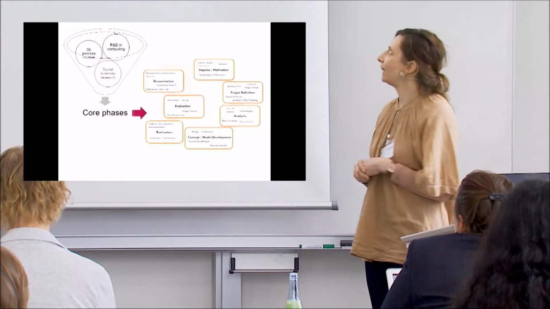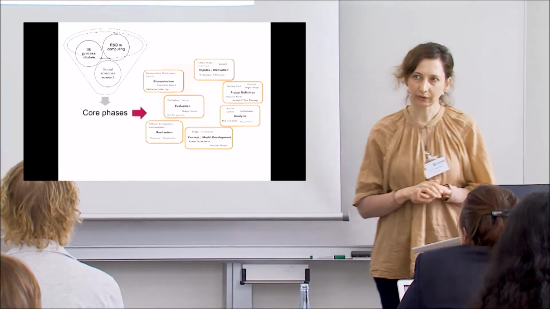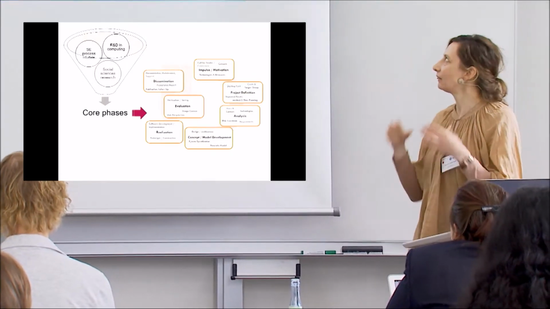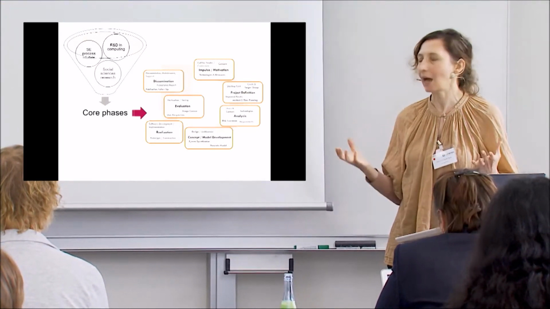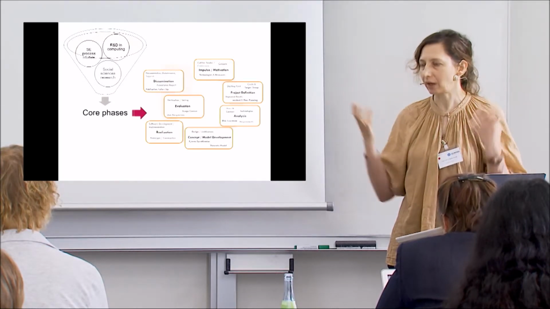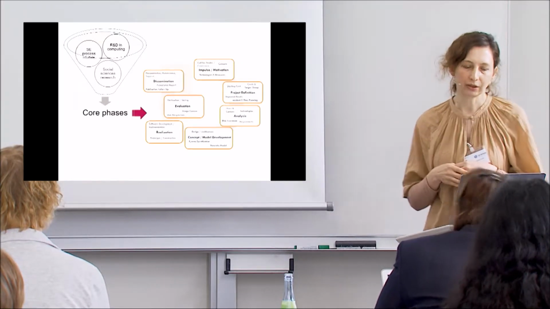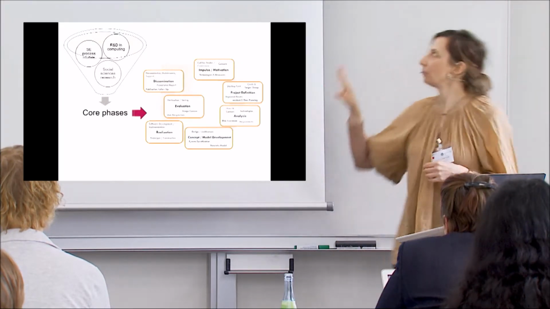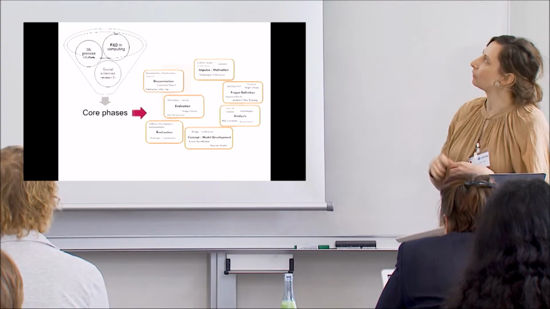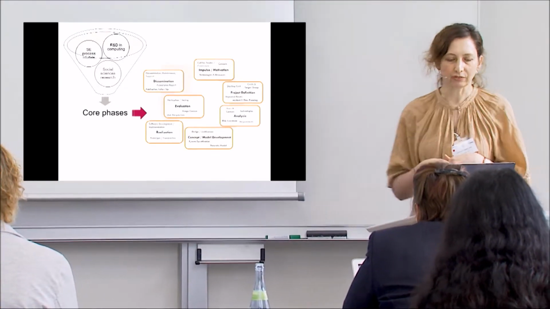We added one phase, the first one, impulse and motivation, ourselves, because we found that that is the phase that always happens when you define a project or when you think about a product you want to develop, but it's actually not made visible as such. The other phases are probably familiar to you if you're working in research and development.